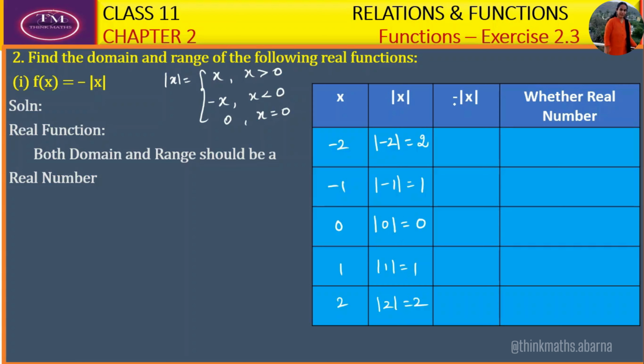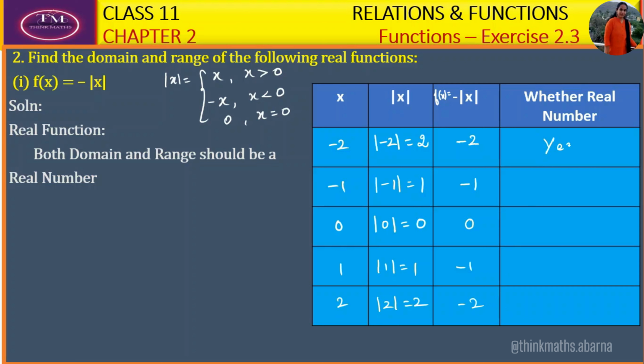Now here the function is f of x is minus mod x. So we have to multiply a negative with mod x. So minus mod x will be minus into mod x. So it will be minus 2, minus 1, minus 0 is always 0, minus 1, minus 2. Is minus 2 a real number?